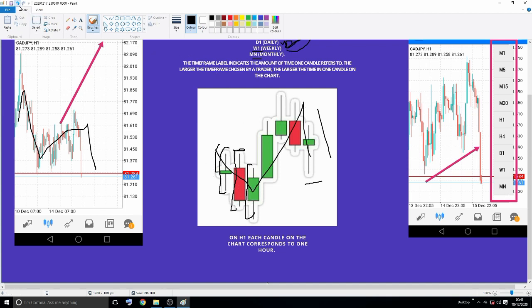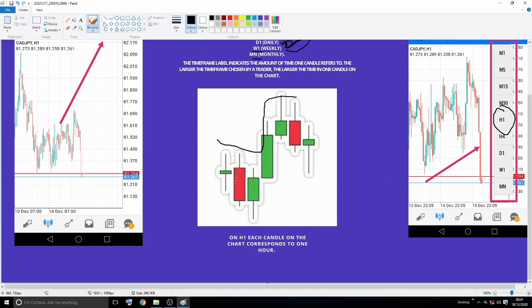But if you move to 1 hour, that means each and every candlestick that you see on that 1 hour chart represents 1 hour. So if you are looking at this candlestick, you are seeing what the market was doing at this hour, right?